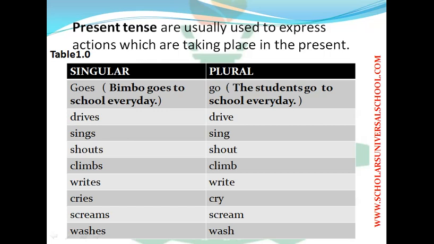Now, Bimbo goes to school every day. So Bimbo is a singular subject, right? A singular noun and a singular subject. Good. Bimbo goes to school every day. Now, the plural verb go, then we have the example as thus: the students go to school every day.